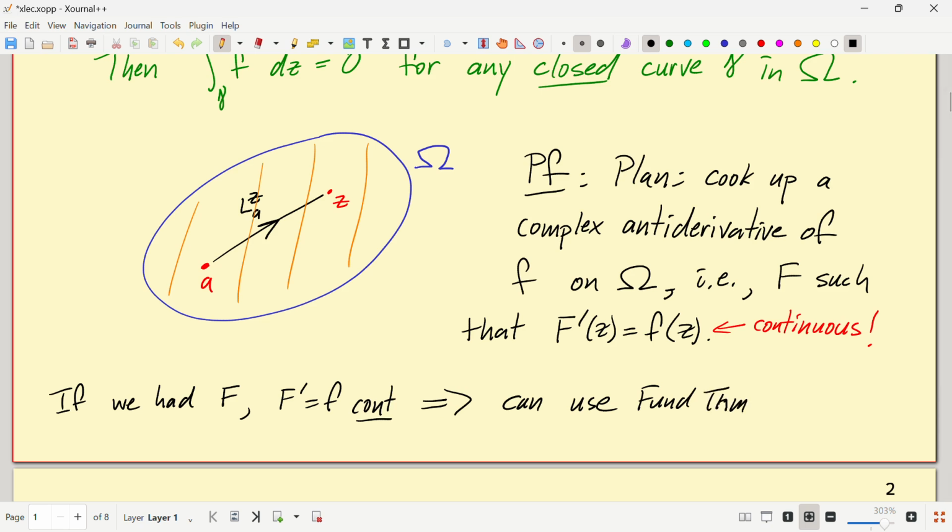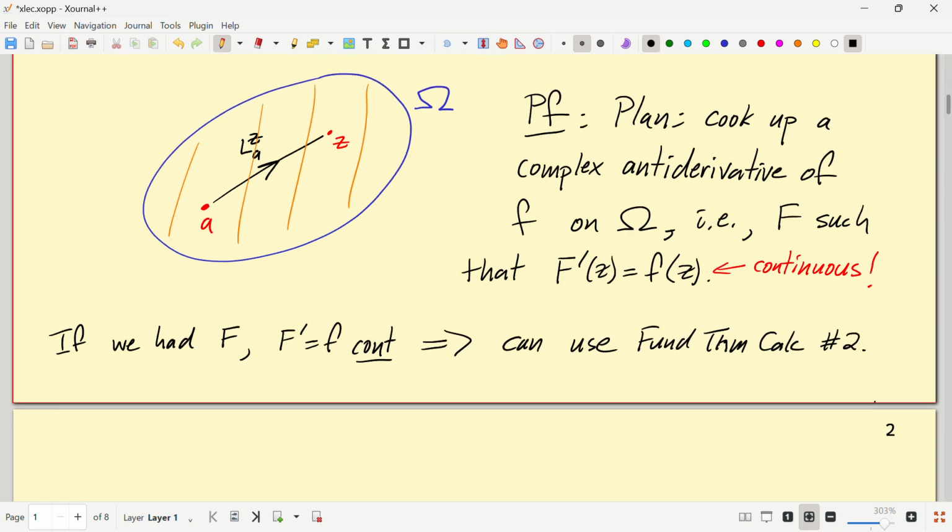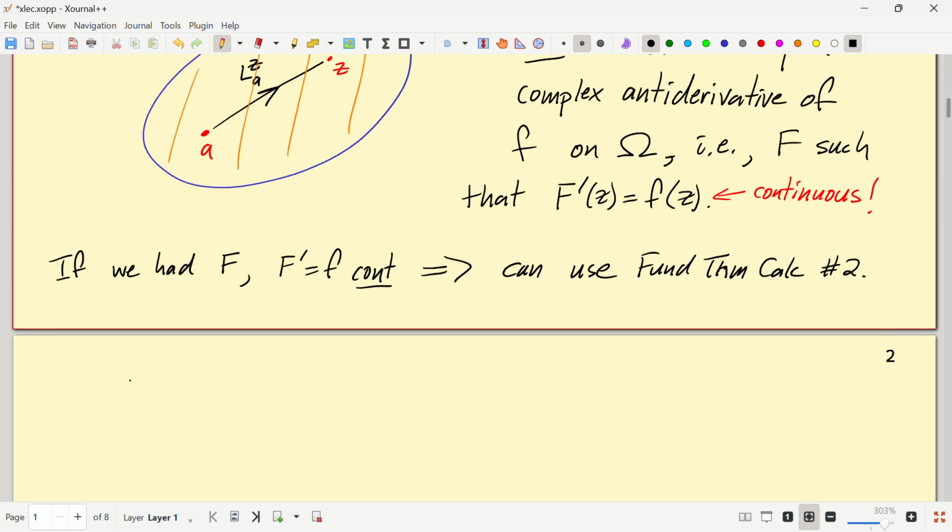Number 2. Okay, and what that would mean is that I could do something like this. Integral along L from a to z, the line that starts at a and goes to z. So I'm thinking of a as fixed.